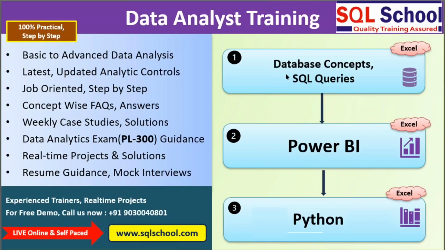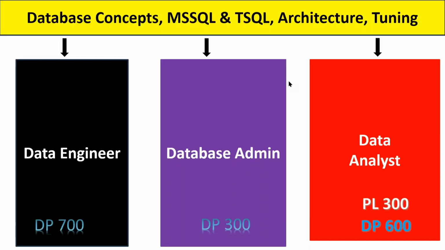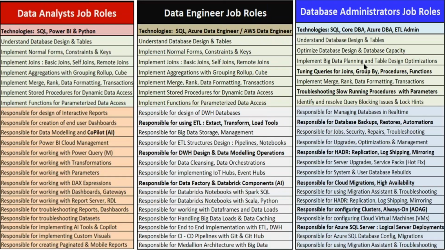So remember, we have various job roles now, 3 different job roles. Number 1, engineering. Number 2, admin. Number 3, we have this data analyst. You can choose whichever you are planning for. It's up to you. All 3 items in a single screen now. Here it is. Analysts, engineers, and admins.